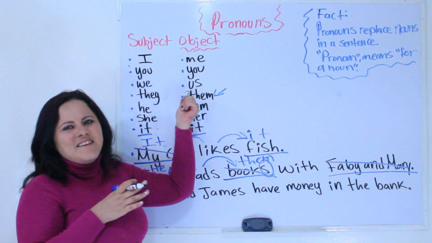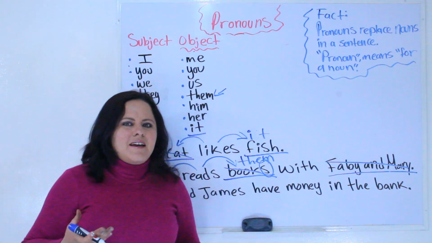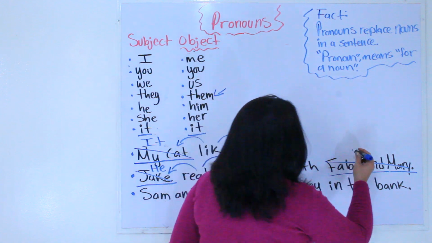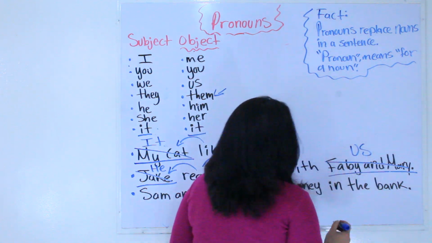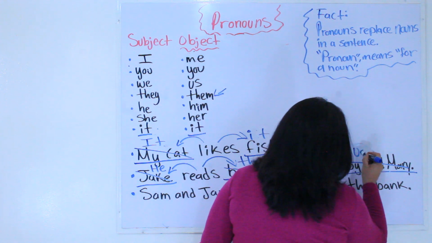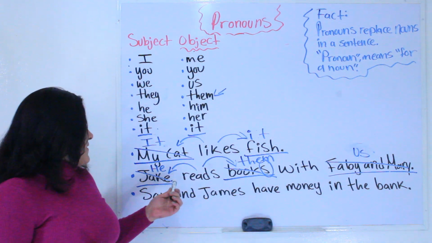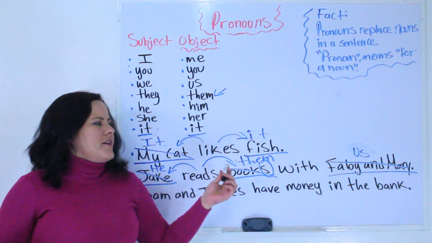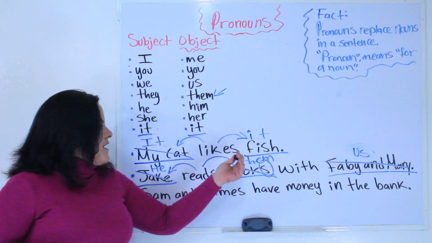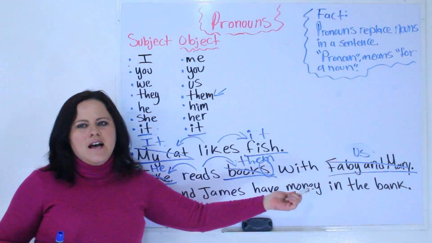No. Us, we, us. Fabby and Mary. So we use us. Oh, not supposed to be capitalized. Hold on. Us. Jake reads books with Fabby and Mary. He reads them with us. All right. He reads them with us.